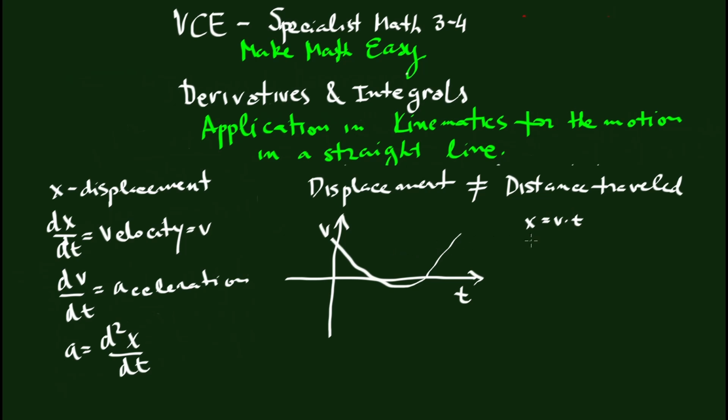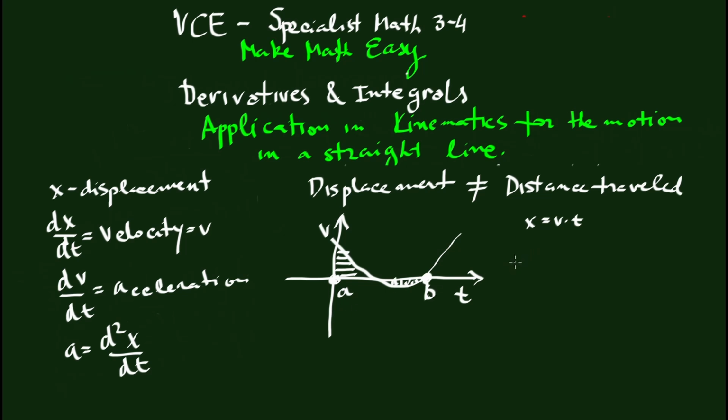So v times t is the displacement, the area covered between, say, this point, which we call A, and this point, which we call B.